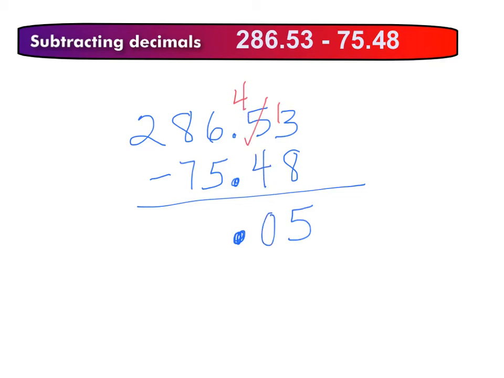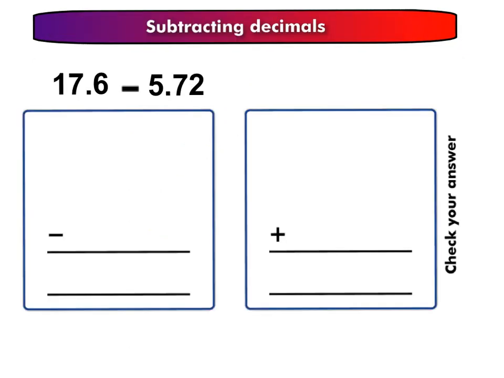Now I'm going to subtract the ones place. 6 minus 5 is 1. 8 minus 7 is 1. And you notice I don't have a number here, but what's really there is a 0. So 2 minus 0 is actually 2. And so my answer is 211 and 5 hundredths.